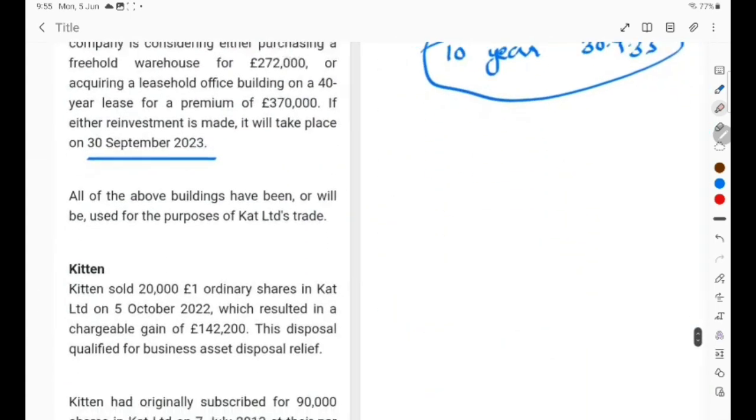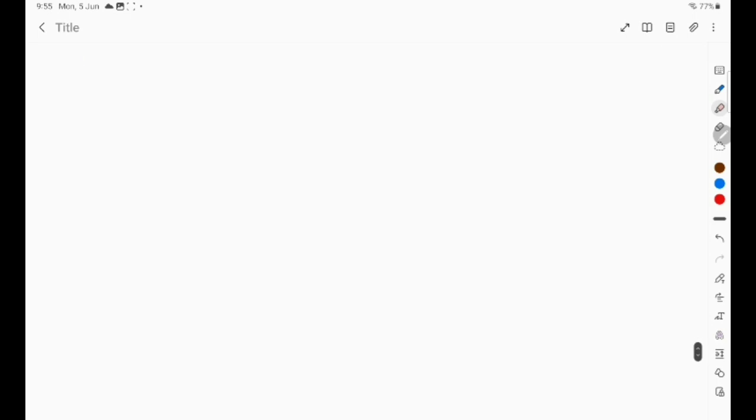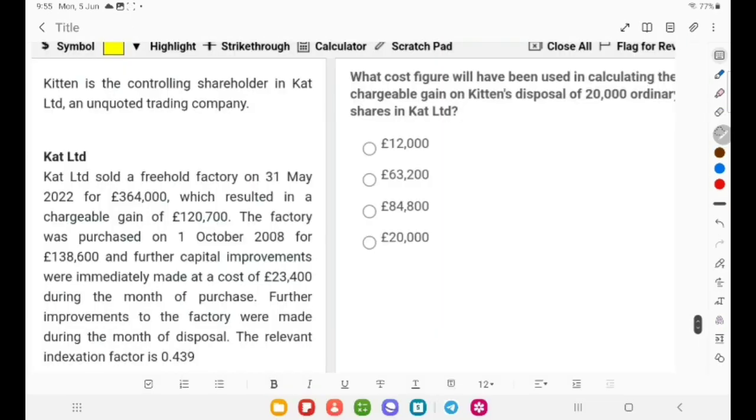Now the question is, what cost figure will have been used in calculating the chargeable gain on Kitten's disposal of 20,000 ordinary shares in CAT Limited? First we have to consider the number of shares and the value of these shares.